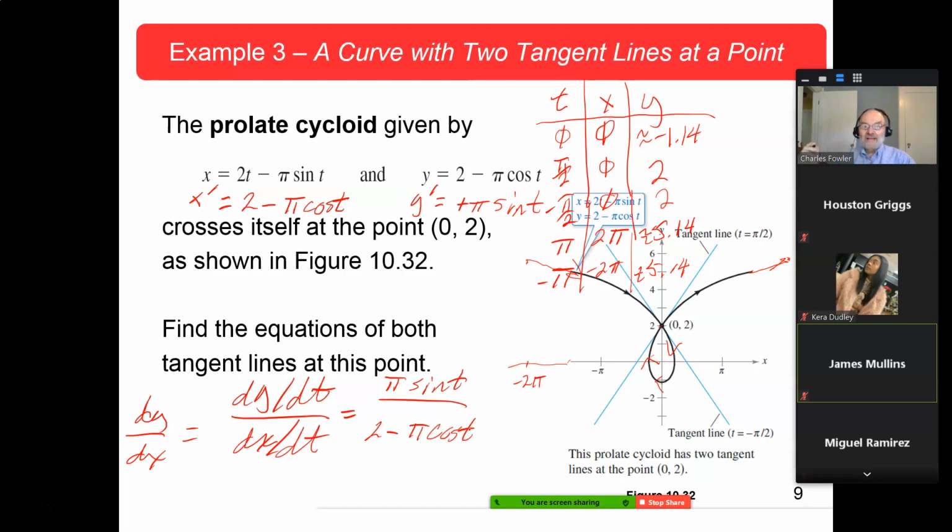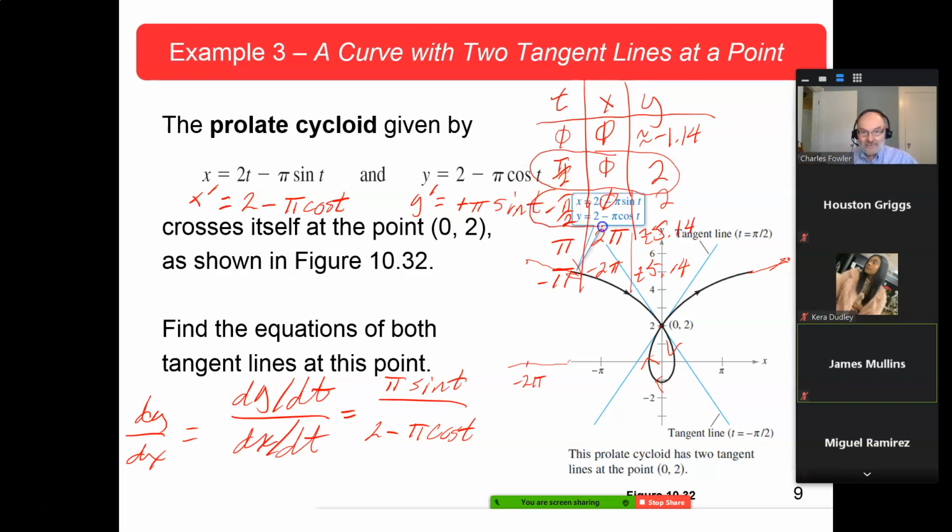Okay, now here's where things get a little tricky, as if they're not tricky enough already. You have to figure out where you are, Waldo. Here are the points where we are, 0, 2, and this is one reason it's good we did this, because that 1, 0 is when t is equal to pi halves.